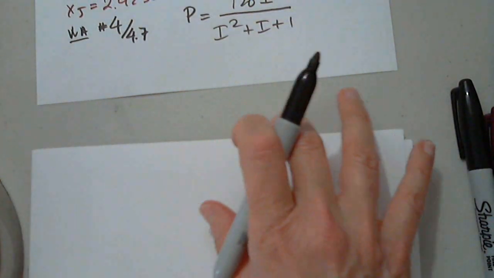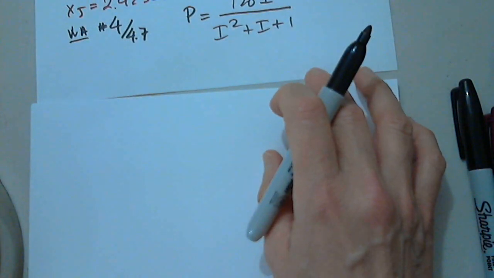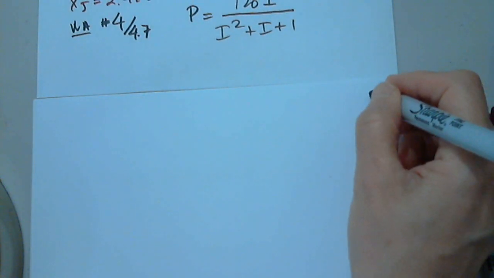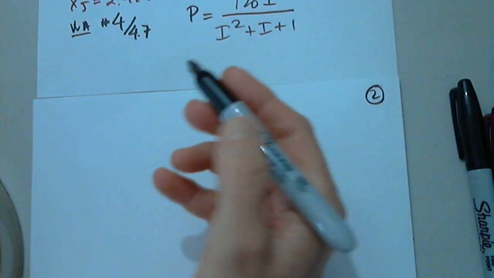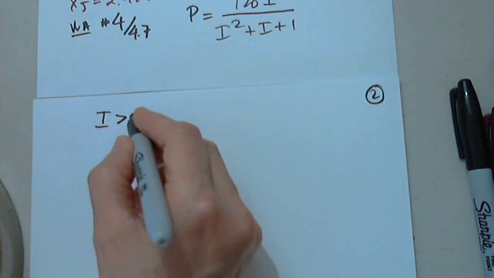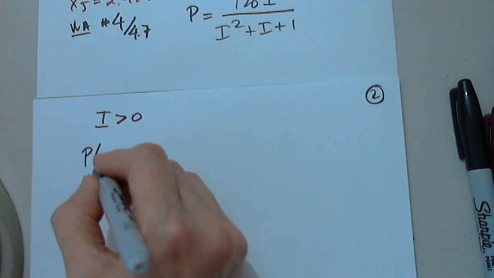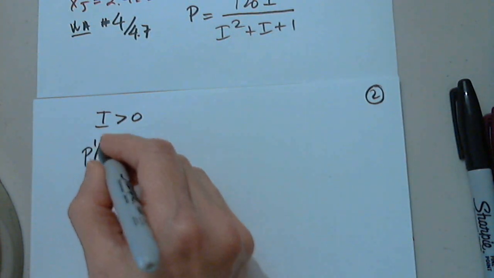I cannot be negative because I'm assuming that this is the light intensity or something, right? But definitely positive. Good. So all we have to find is P prime of I.